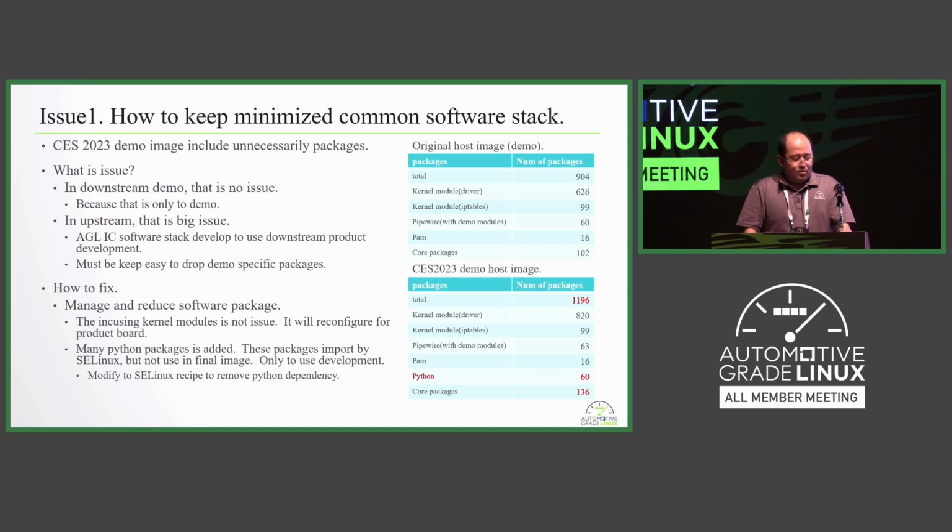In downstream demo development, there is no issue, because this software is not reused in downstream development. But in upstreaming, that is a big issue. The AGL IC software stack is developed for use in downstream product development. That means it must be easy to drop demo-specific packages.